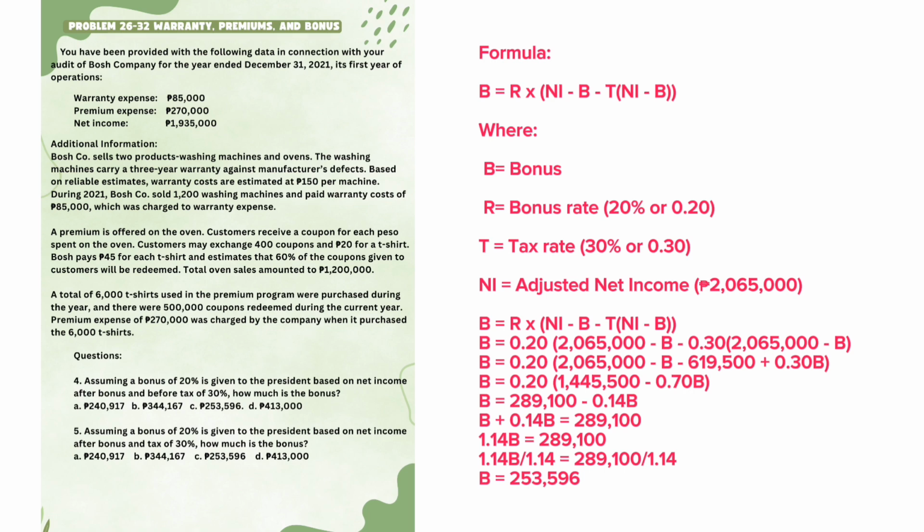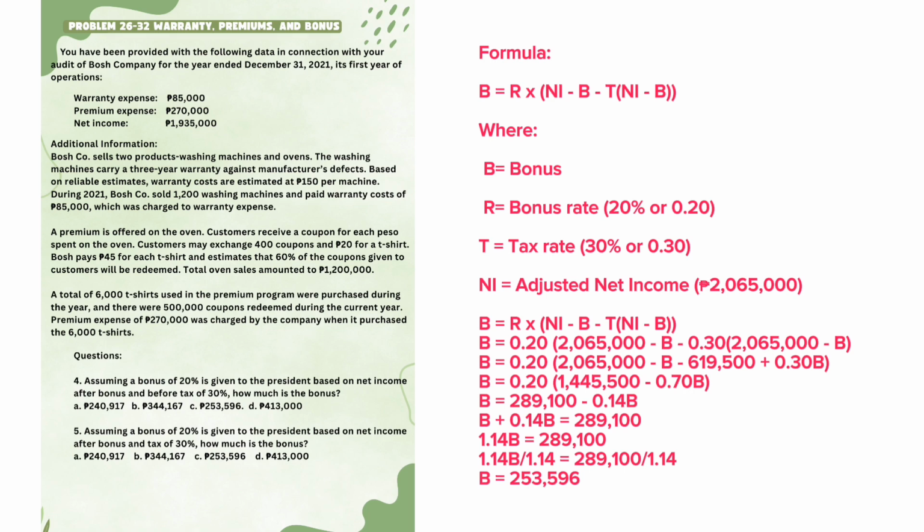B equals 0.20 times 1,445,500 minus 0.70 B. So B equals 289,100 minus 0.14 B. Now, we bring all the terms involving B to one side. So, B plus 0.14 B equals 289,100. Then, 1.14 B equals 289,100.